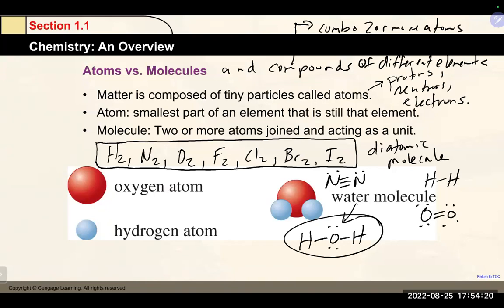And water is not an element, because it's a combination of a couple of different elements. So you can think of molecules as a basic definition: I've got two or more atoms, boom, I've got a molecule. And if you have a compound, it's got to be two or more, but they have to involve at least two different elements.